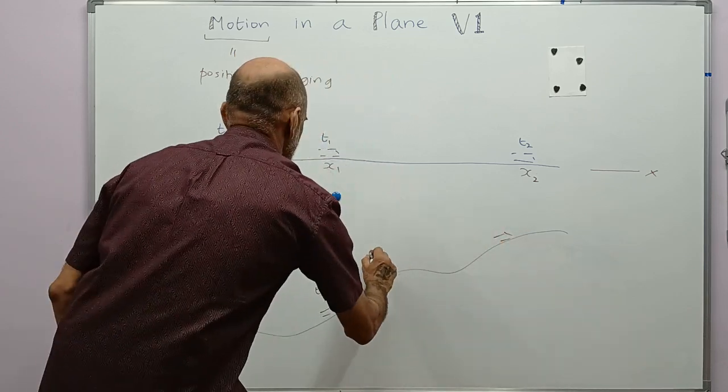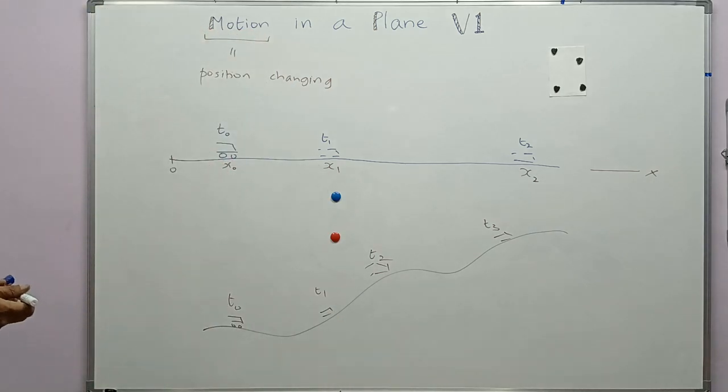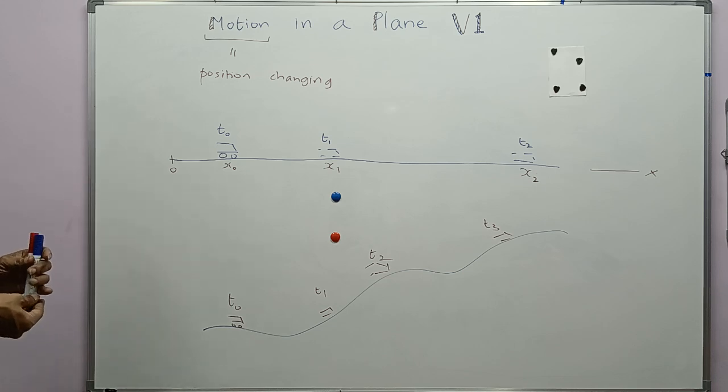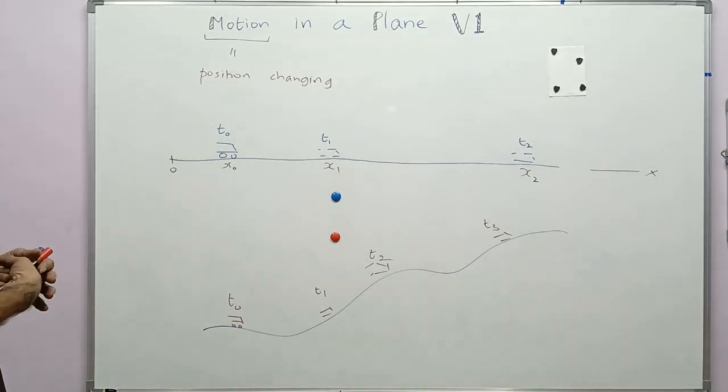So it's moving like this. So here the path of this body, it's not a straight line, it's a curve, but we can say that the body is moving in a plane with the earth's surface which is approximately flat. So here it is moving in the plane of the board.